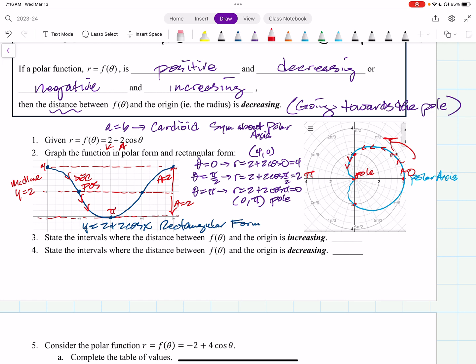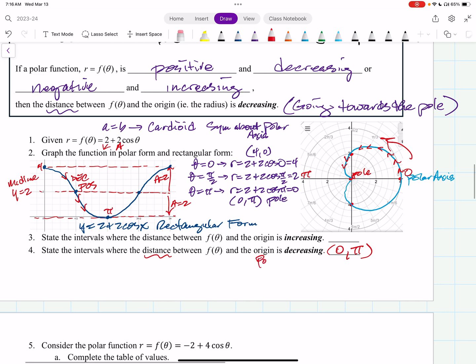So that's number 4. From 0 to pi, the distance from f of theta to the origin, or the pole, is decreasing. You're going towards the pole.